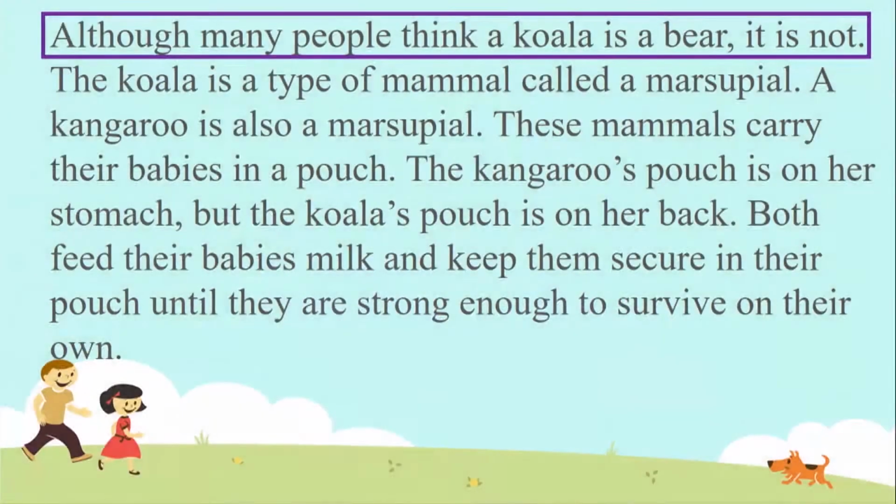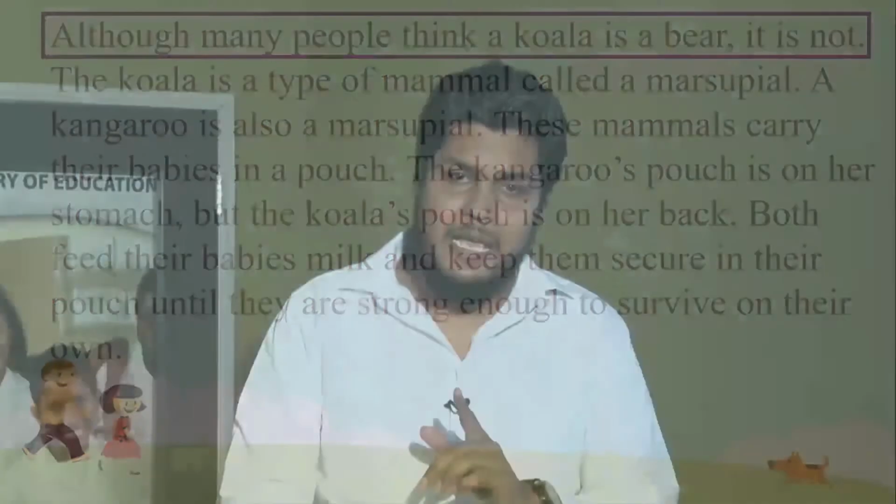So I have my idea, and I think it's the first sentence because we got it in the first paragraph. Maybe it might be here again. Although many people think a koala is a bear, it's not. You read through the passage and tell me if the other sentences talk about a koala not being a bear.